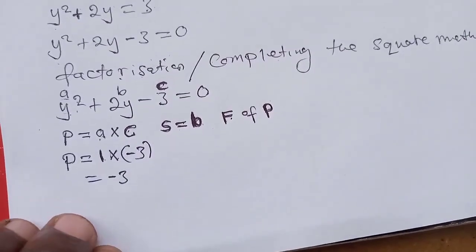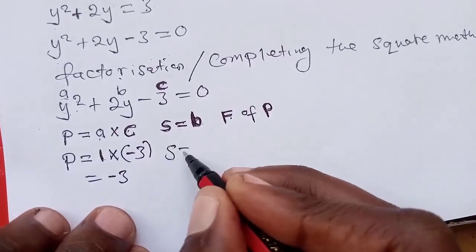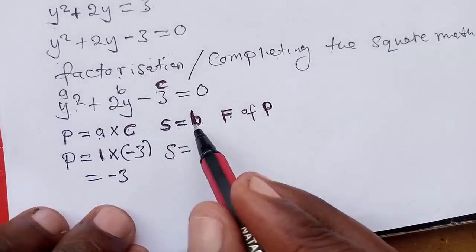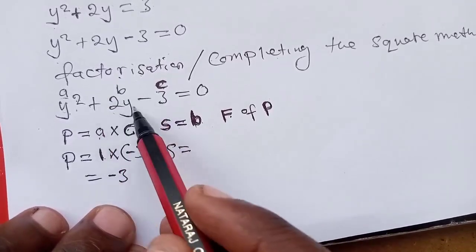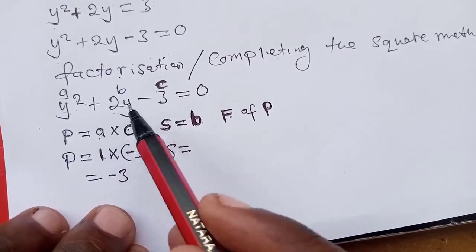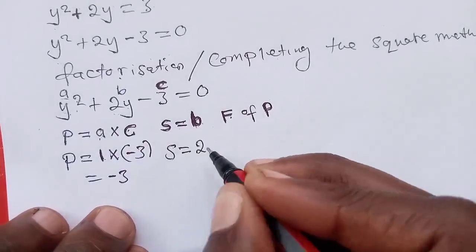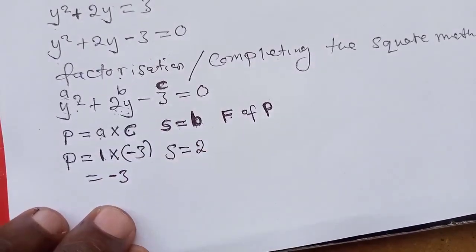So that is the product. Then the sum: I said you should get the coefficient of b, which is just 2 here. This is our b.